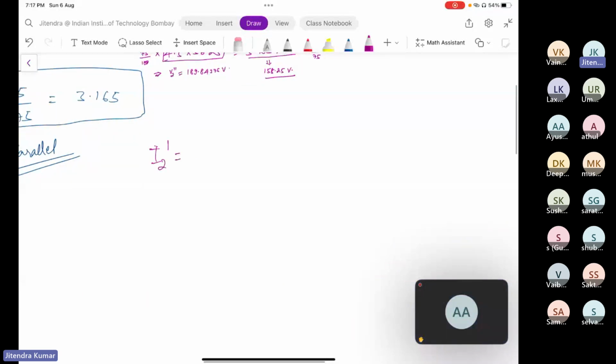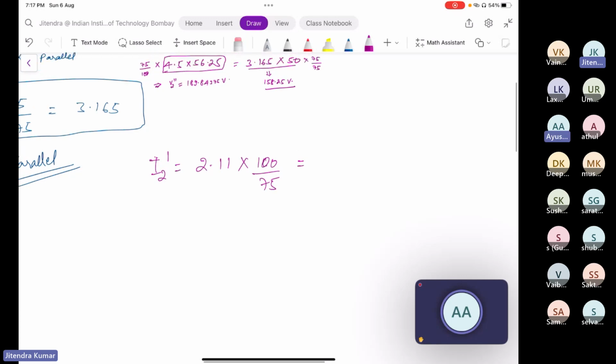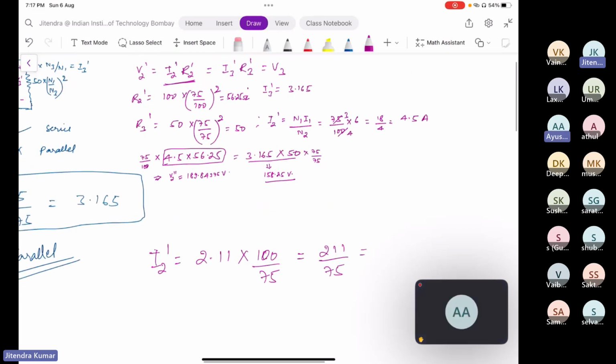I2 dash was 2.11 into 100 by 75. So it is equal to 211 upon 75. How much is it? I calculated it, 2.813.